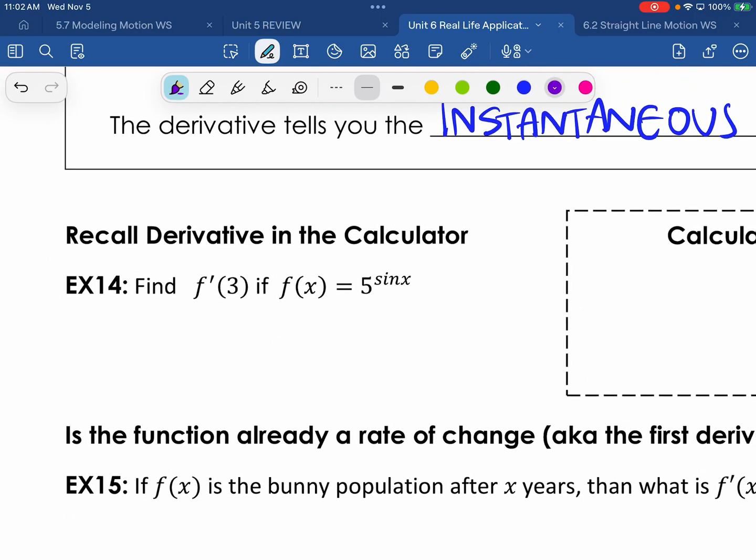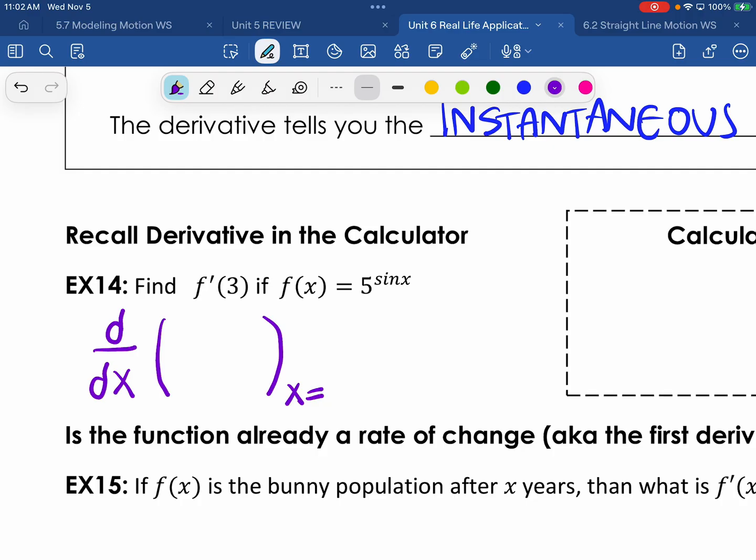So as a refresher, if I want to figure out what the derivative at 3 is, and it gives me f of x equals 5 sine of x, I'm going to go in the calculator and hit math 8, and it's going to give me this d/dx thing with some parentheses and x equals at the end. In the parentheses, you put the function that you're wanting to take the derivative of.